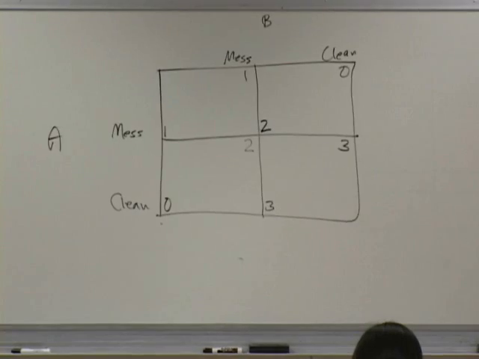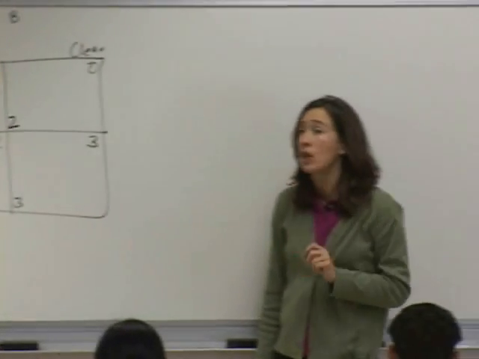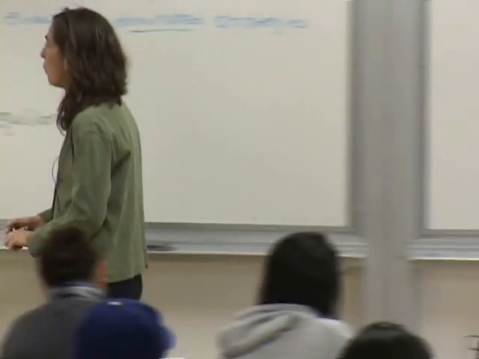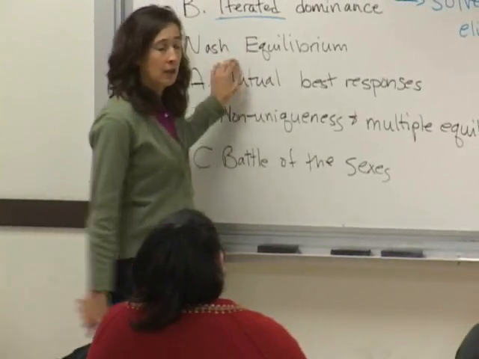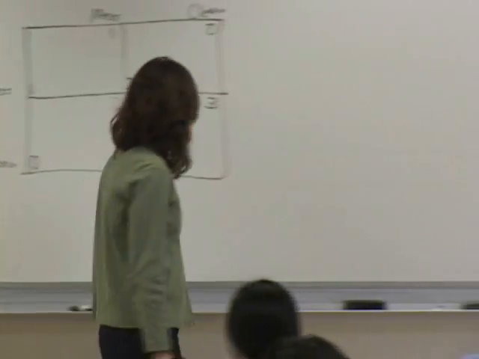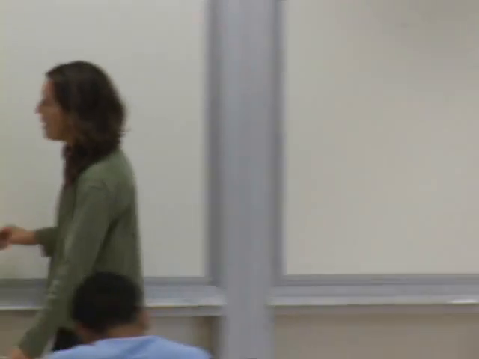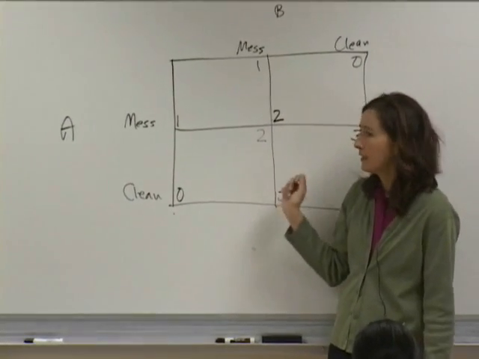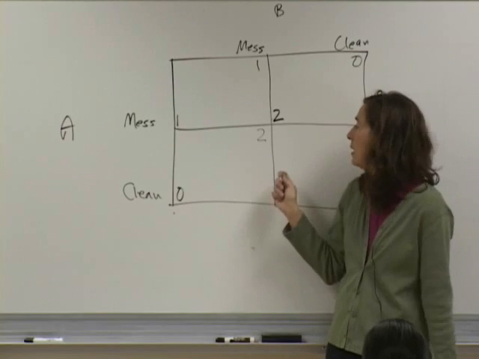And this really does change the game. It changes the game from something that we can solve with iterated dominance to one where we just have to look for Nash equilibrium, and that's what we're going to do now. What I've done is change both roommates' preferences so they both have this conscience happening.